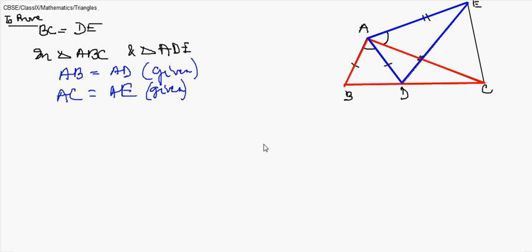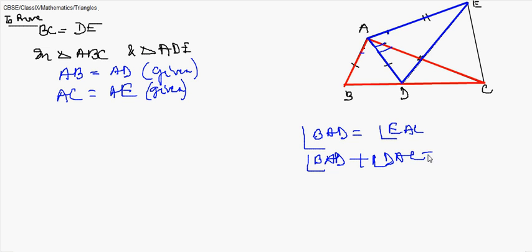Alright. We now only need to prove this whole angle equal to this whole angle on the other side. That will help us prove it by the SAS rule. To do so, we write, it is given that angle BAD equals angle EAC. Now DAC is common to both sides, so I'll add angle DAC to both angles.